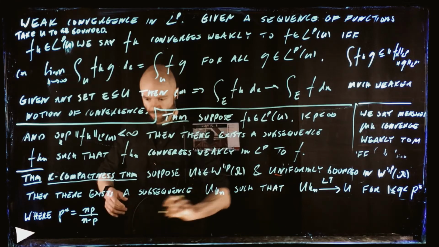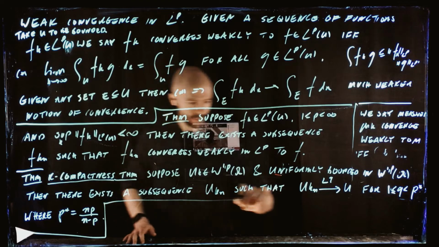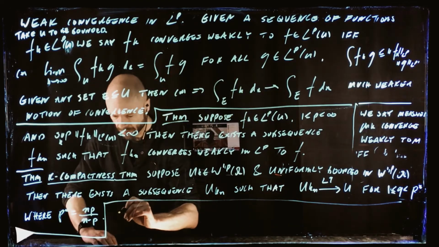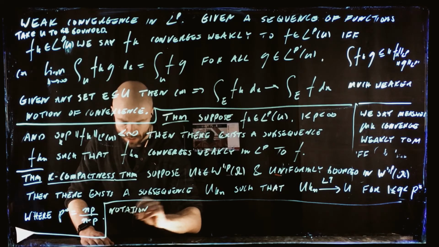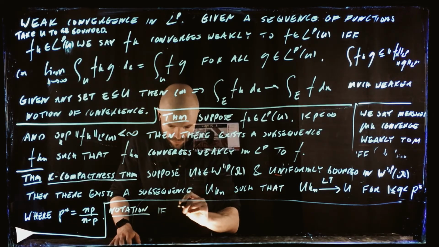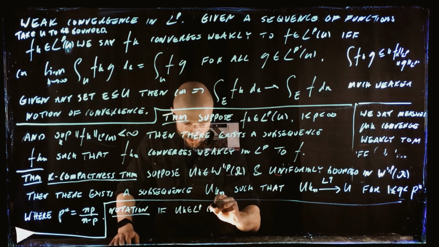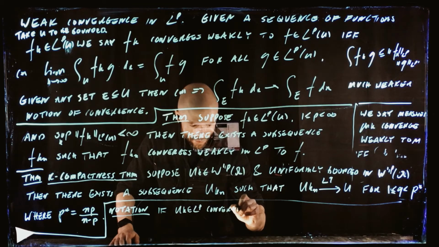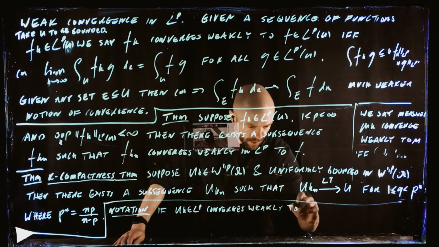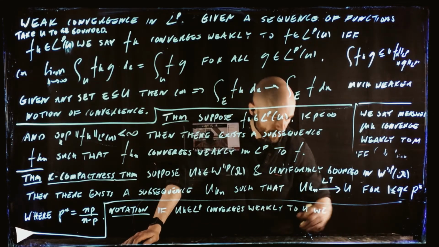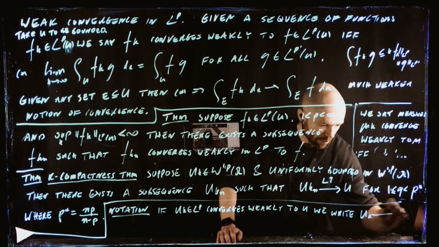So, notation. If u_k belongs to L^p and converges weakly to u, we write u_k and a half arrow.